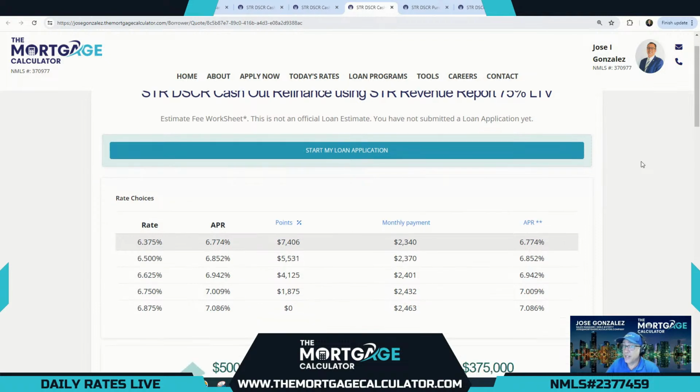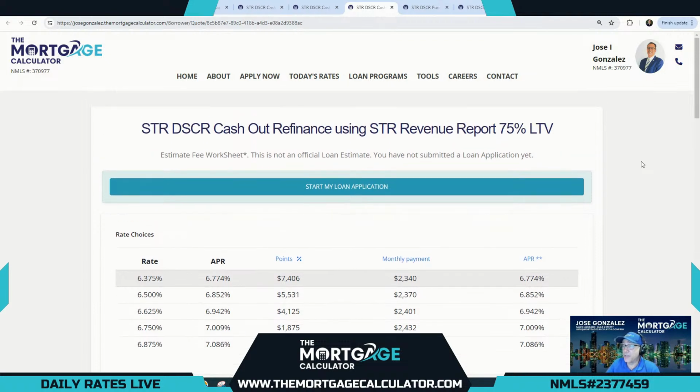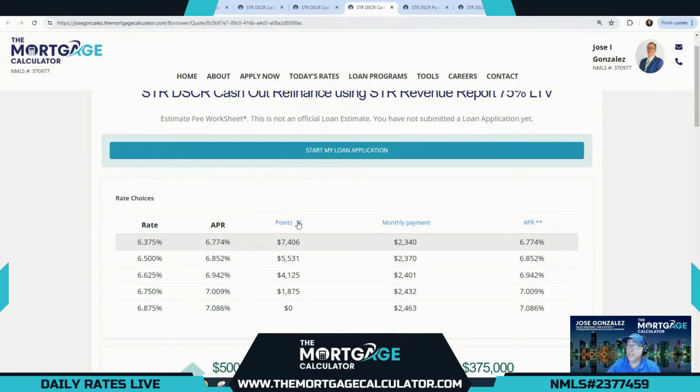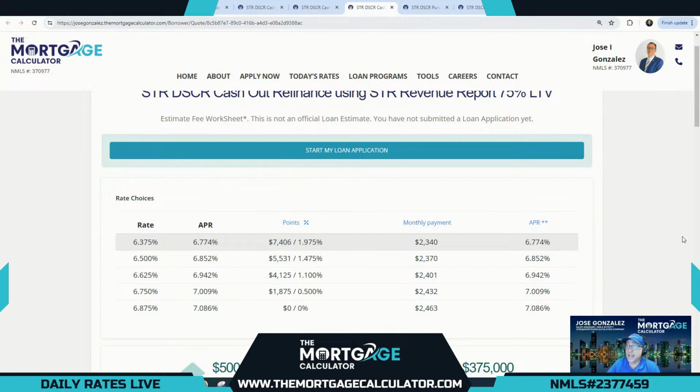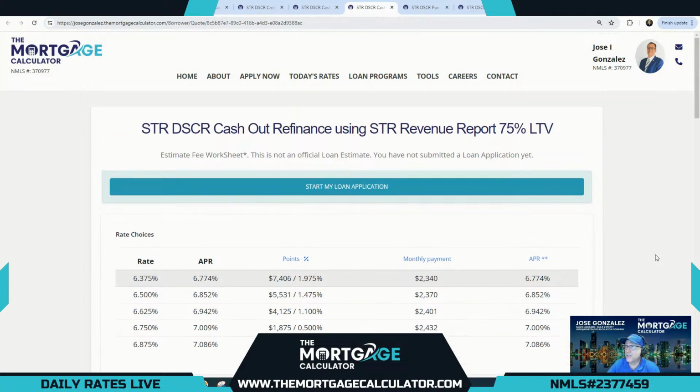So here you do have great options at a 75% LTV. You're looking at 6.875 at par, and you can buy that down all the way to 6.375 at a cost of 1.975 for our DSCR cash out 75% LTV using revenue reports.